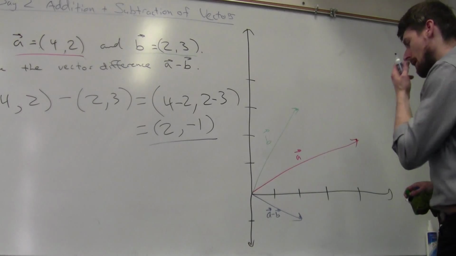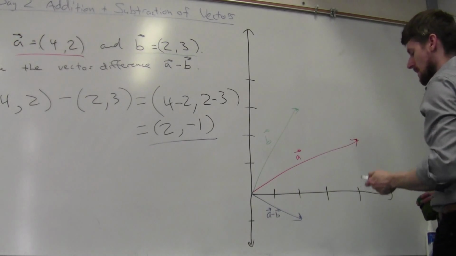A take away B. So where does this vector show up in this picture?